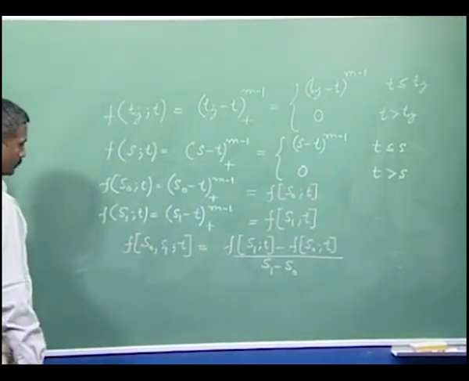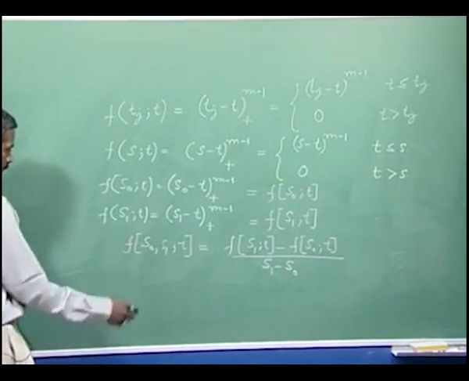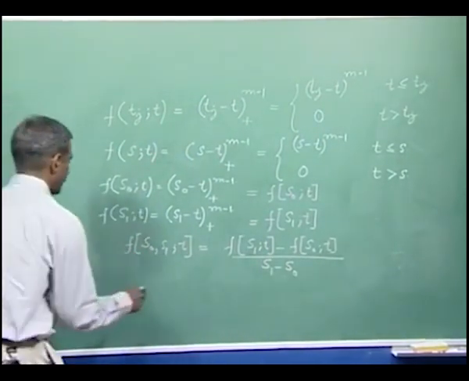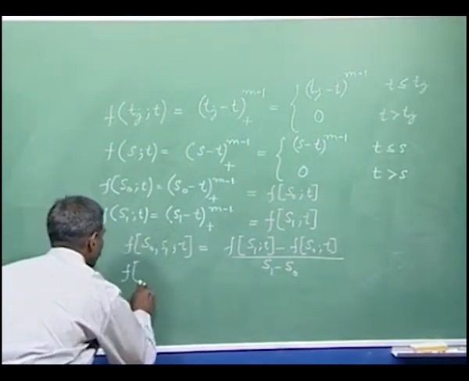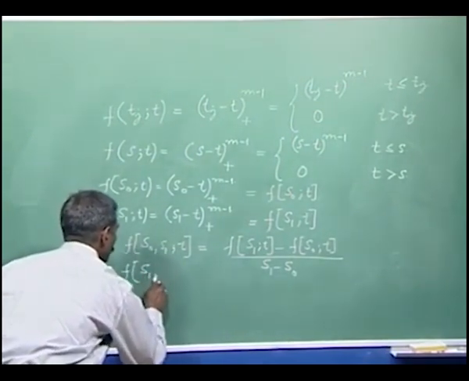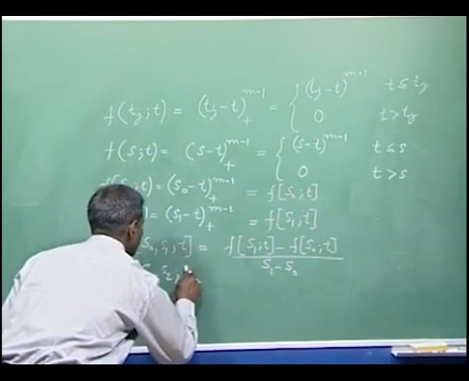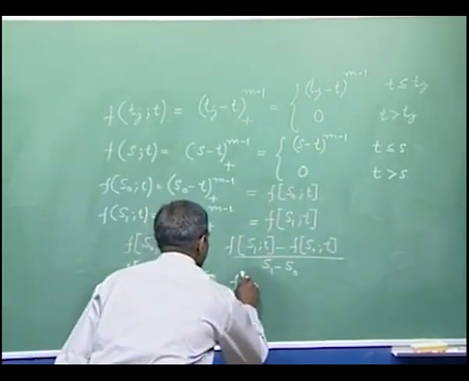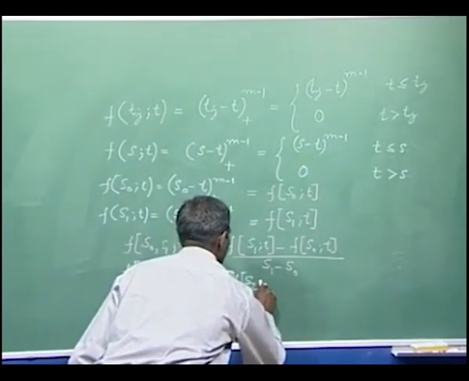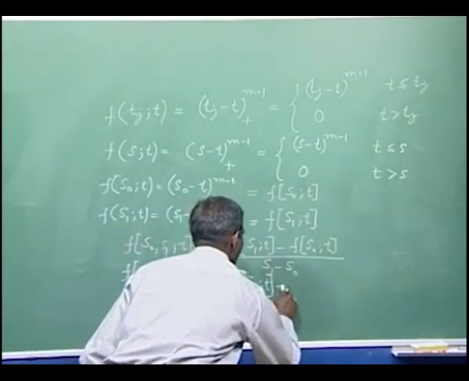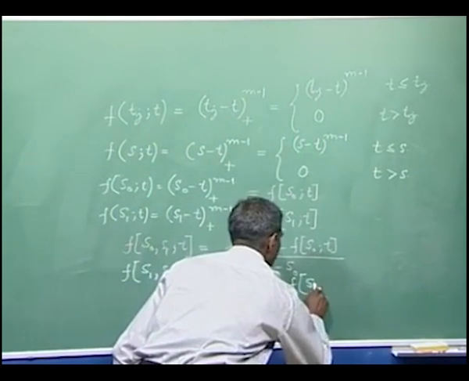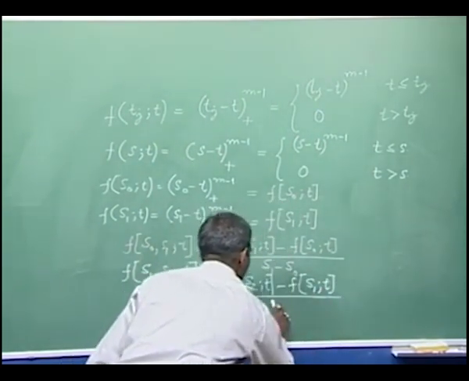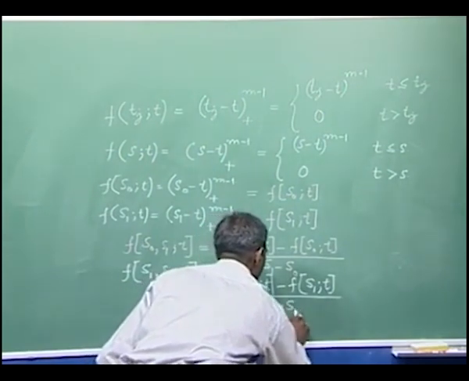If I want to compute the first divided difference using s1 and s2, I'll have to write this as f[s1, s2 : t]. This is equal to f[s2 : t] minus f[s1 : t] over s2 minus s1.